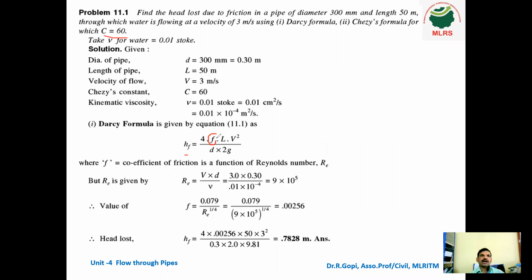We need f, and all other parameters are given. We need f means we need Reynolds number. So using the Reynolds number equation, V into D divided by nu, find out the Reynolds number. Based on the Reynolds number, calculate the coefficient of friction. Substitute this coefficient of friction in the hf formula, and we get the head loss due to friction.